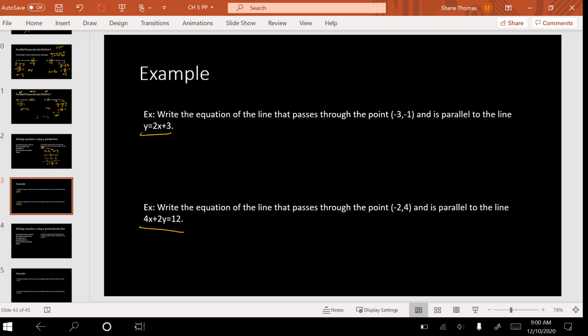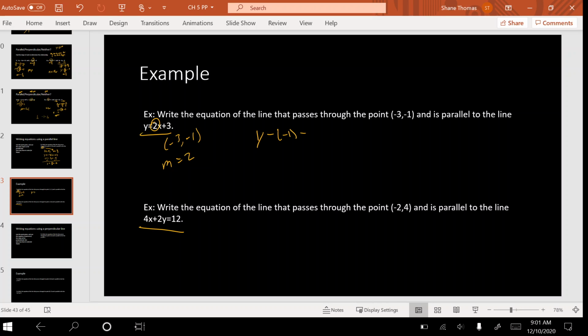All right, first one. So I have my point. What's my slope I'm going to use? 2. Okay, I'm using 2 because it's a parallel line, so I use the same slope as the other line as well. My point is going to be -3, -1, and my slope is 2. So I'm going to put in the point slope formula, right? What's that going to look like? Y minus what?